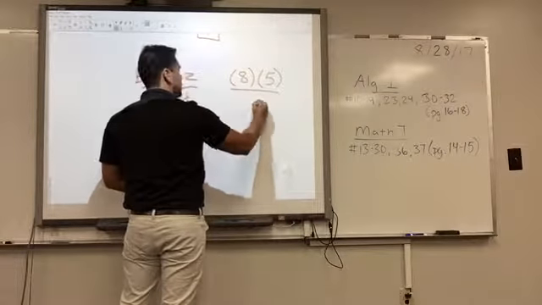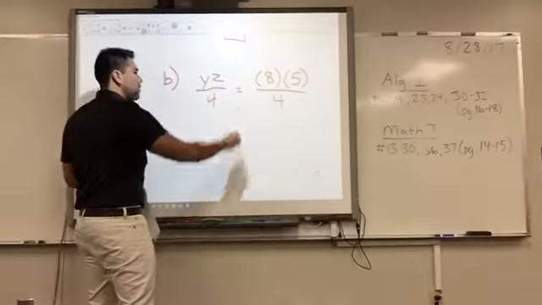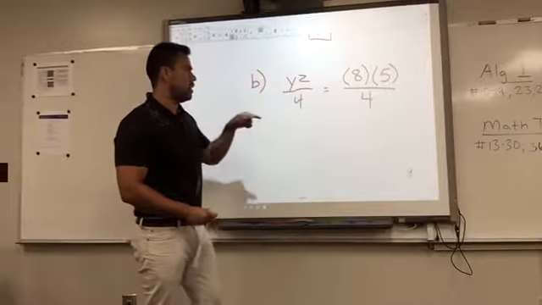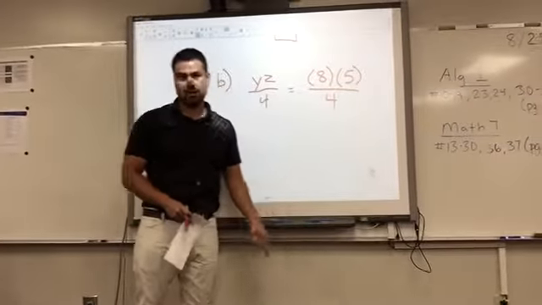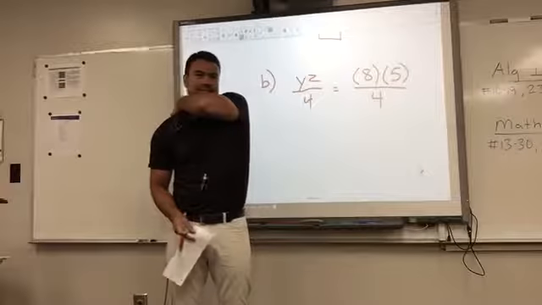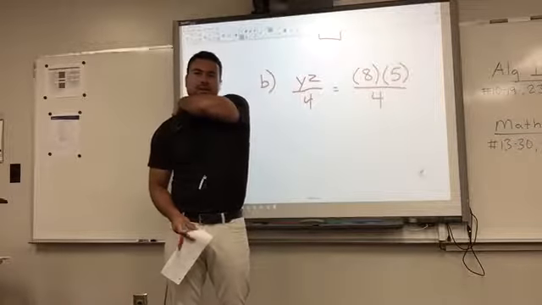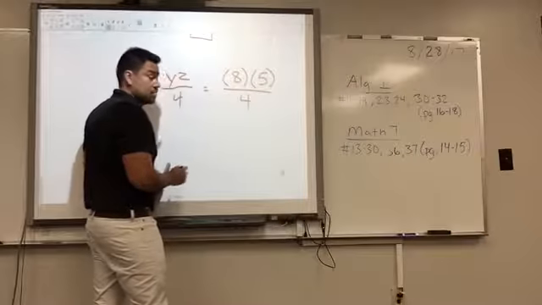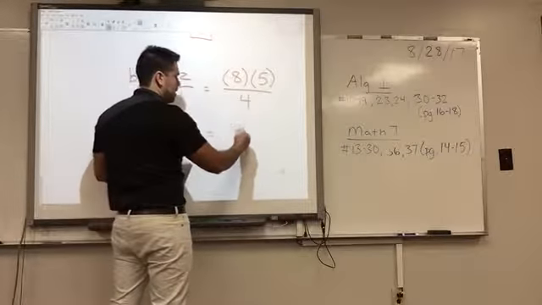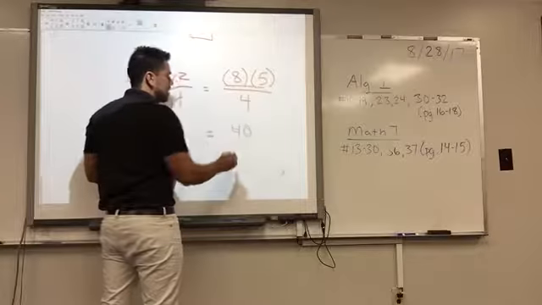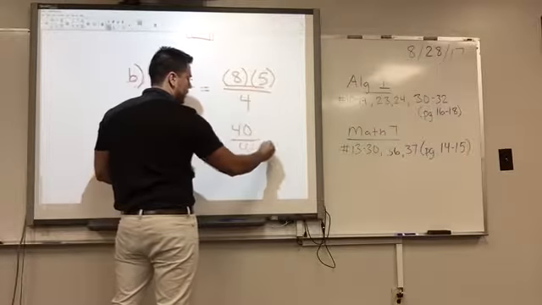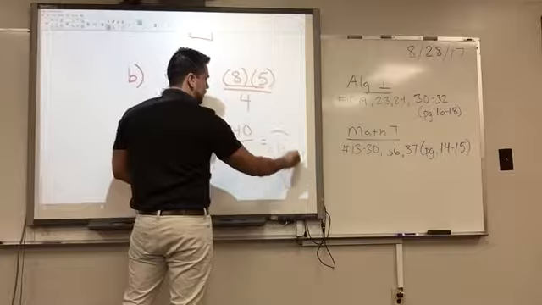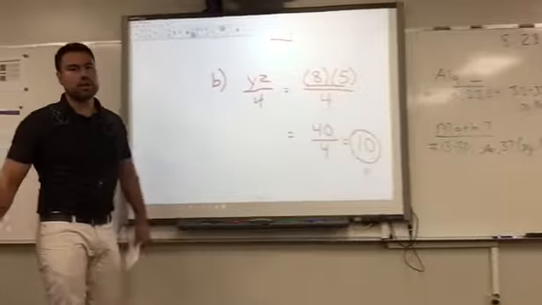And 4 is on the bottom. Okay, so these are equivalent. That means they're the same value. All right, what do I do first here? Callie? Okay, what do you get? So I multiply these two together, and I get 40 over 4, and then what do I get finally? 10. That's my answer. Not too hard, guys.